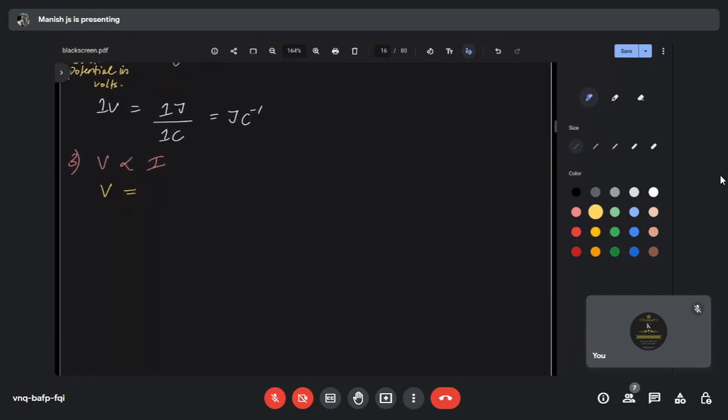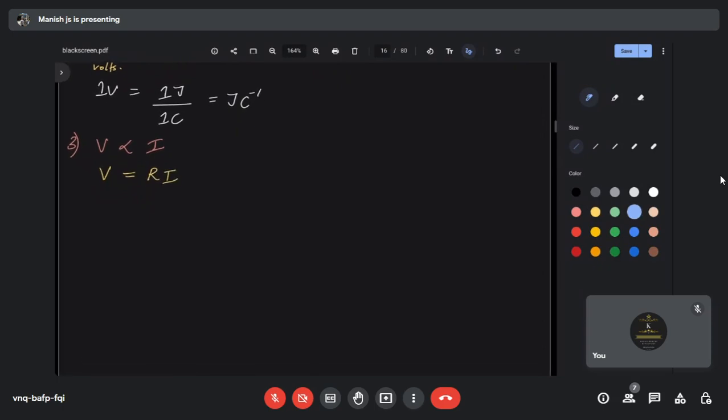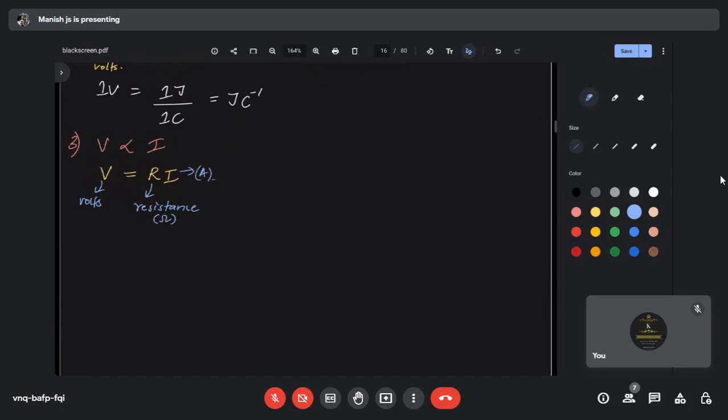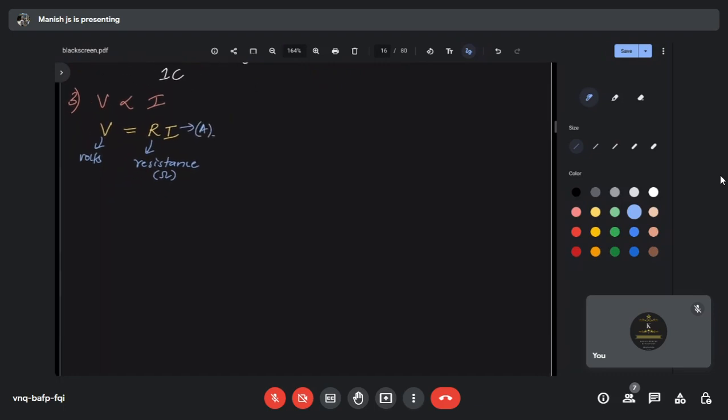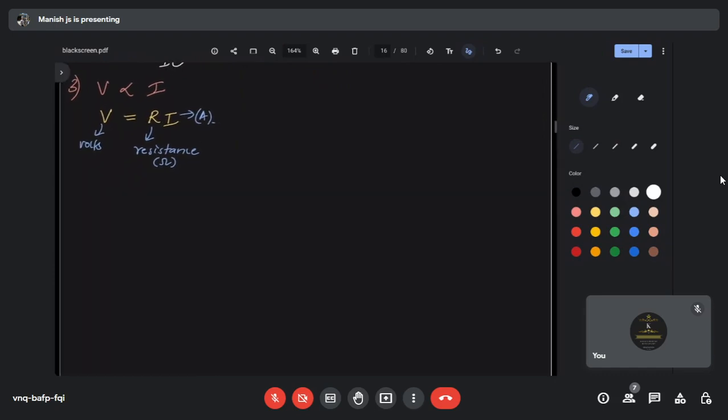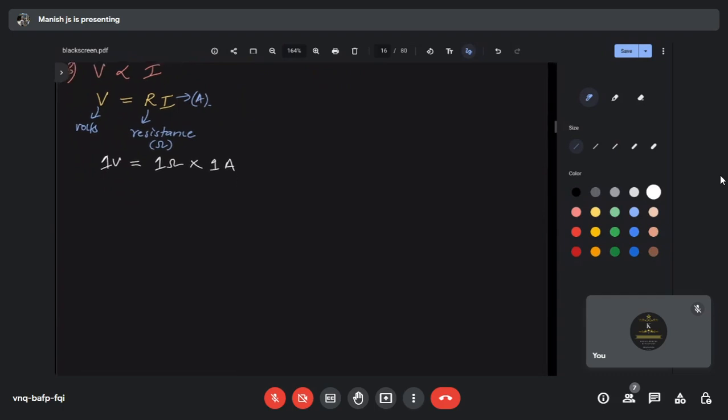V is equal to R into I. Here V is potential difference in volts, R is resistance with units ohms, and I is as usual current in amperes. So this is the relationship. You can say 1 volt is equal to 1 ohm times 1 ampere.